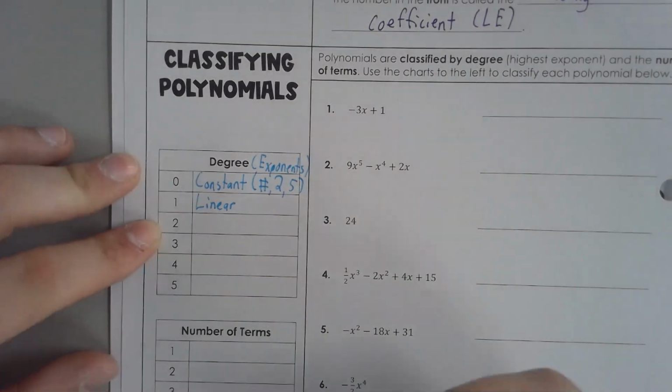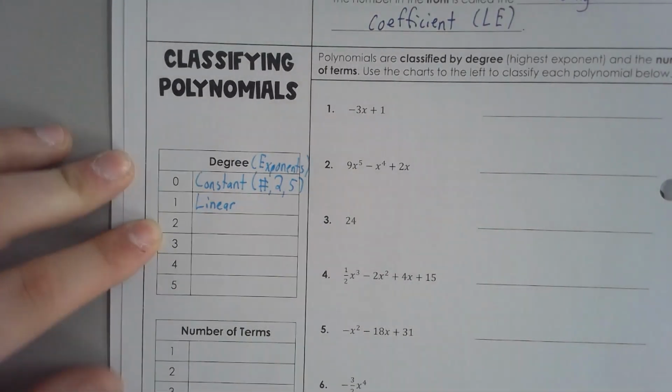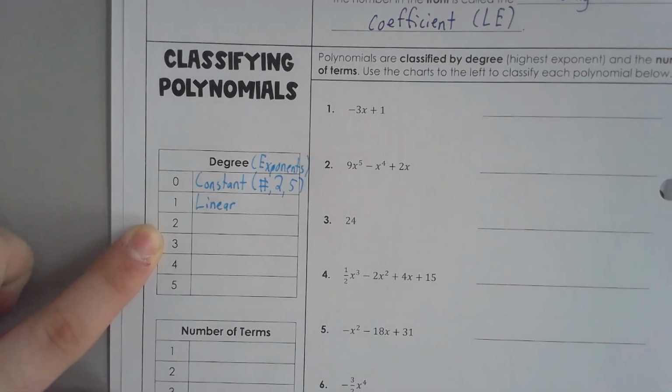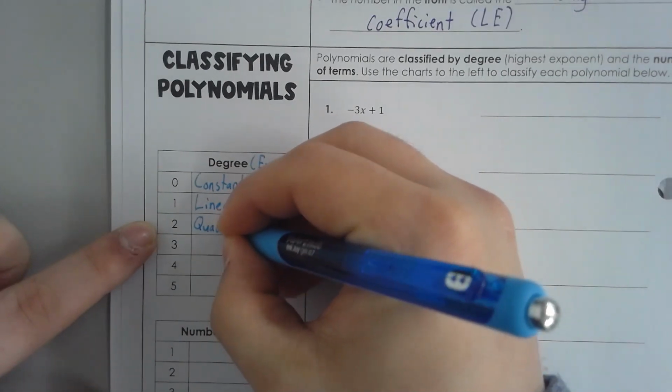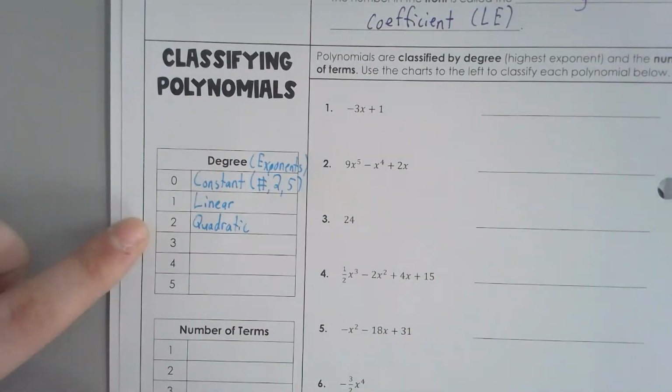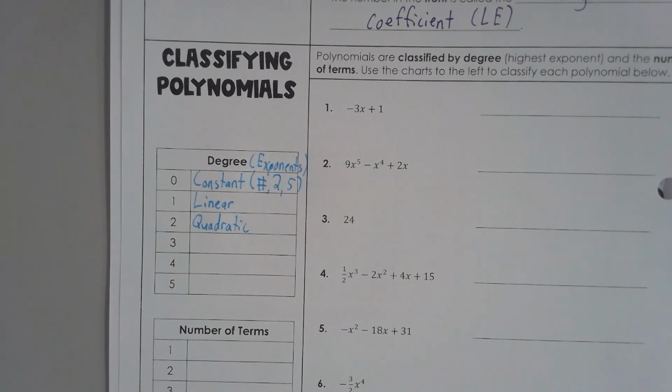If our highest exponent is a 2, I really hope somebody can tell me this one. We just spent a whole unit talking about it. It starts with a Q. Quadratic. You got mixed up between quadratic and quadrilateral.